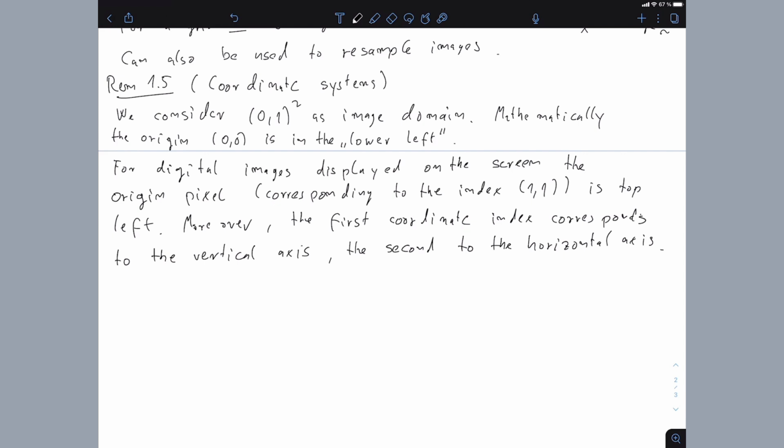So this is a rotation by 90 degrees, if you compare the two viewpoints.